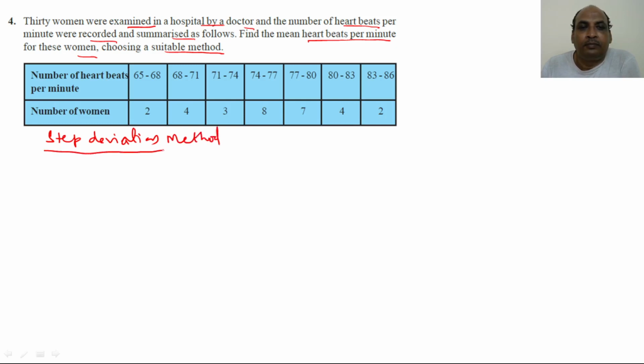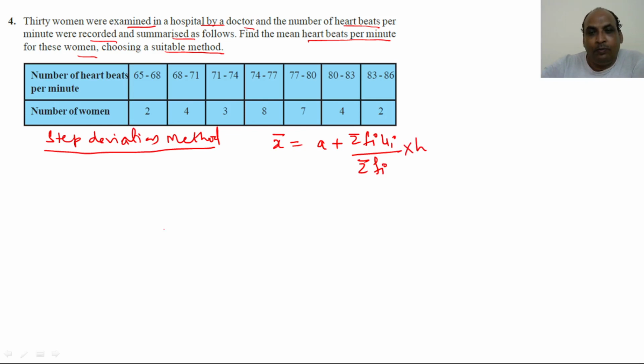And what is that? So x mean is equal to A plus sigma Fi ui divided by sigma Fi, into h.